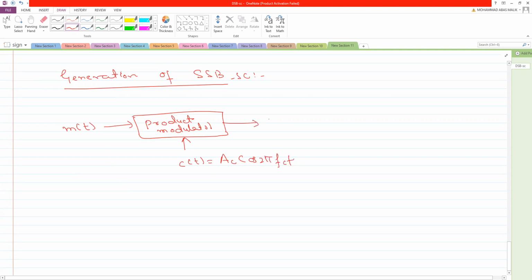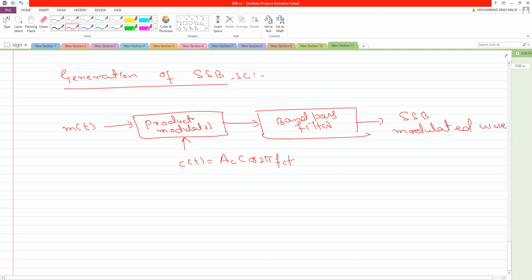Ultimately you get double sideband suppressed carrier here. Then you pass this through a band pass filter. After passing through the band pass filter, you will get your output as the SSB modulated wave or modulated signal. So this is one of the methods of generation. There is also another method called the two-stage SSB modulator that we will discuss tomorrow.